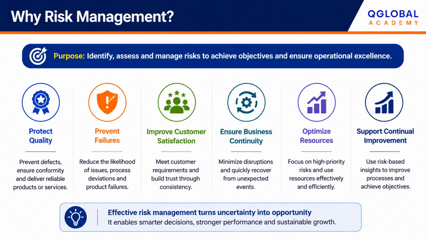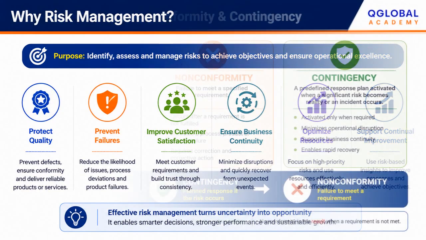Instead of treating every risk equally, attention and resources are focused on the most significant risks. Finally, risk management supports continual improvement. Every assessment, review, and lesson learned helps strengthen processes and improve future performance. Remember, effective risk management transforms uncertainty into opportunity by enabling smarter decisions, stronger performance, and sustainable growth.